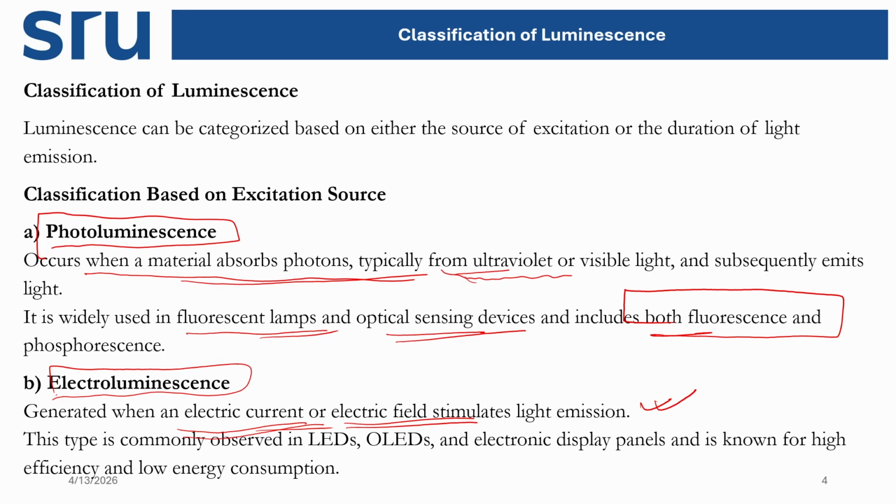It is being used for LEDs or OLEDs, for electronic display panels. For this purpose it is used because it has very high efficiency and low energy consumption. This material needs very low energy, so energy consumption is very less.